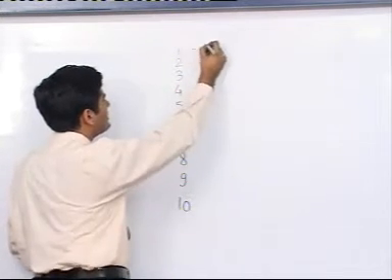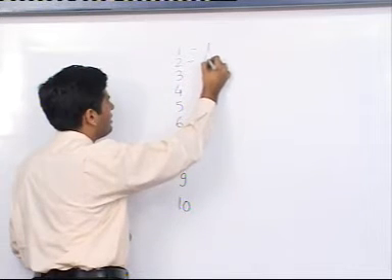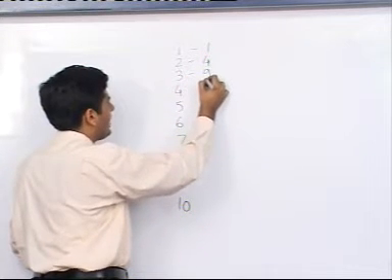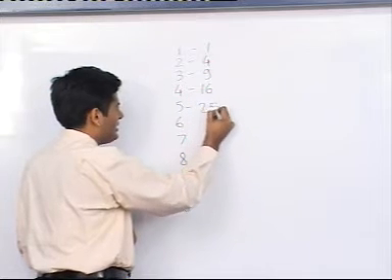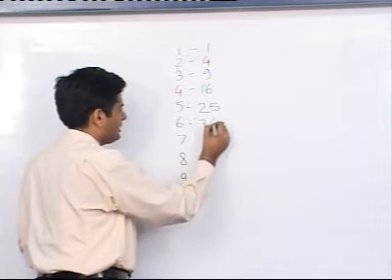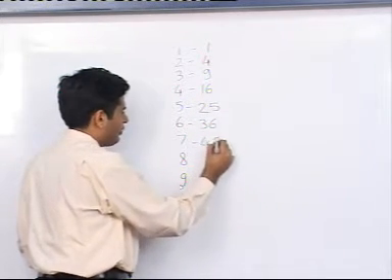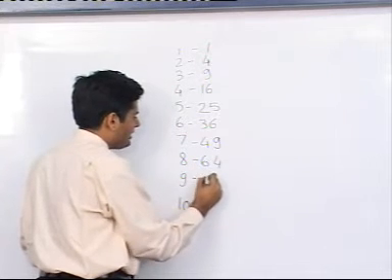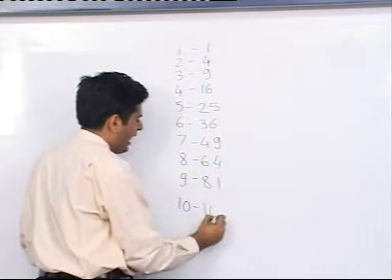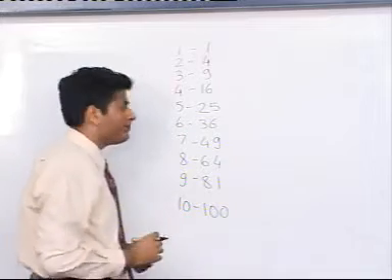Square of 1 is 1, 2 will be 4, 3 will be 9, 4 will be 16, 5 will be 25, 6 36, 7 49, 8 64, 9 81 and 10 will be 100.